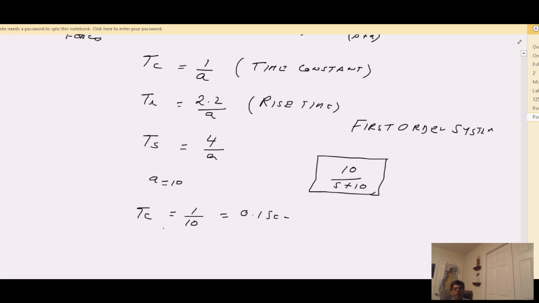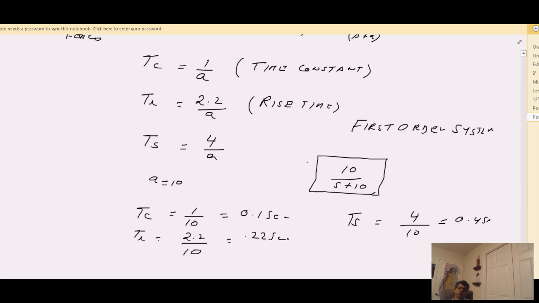Then the rise time is 2.2 divided by A, which is 10, so that will be 0.22 seconds. And last but not the least, TS, the settling time, is 4 over A, which is 0.4 seconds.